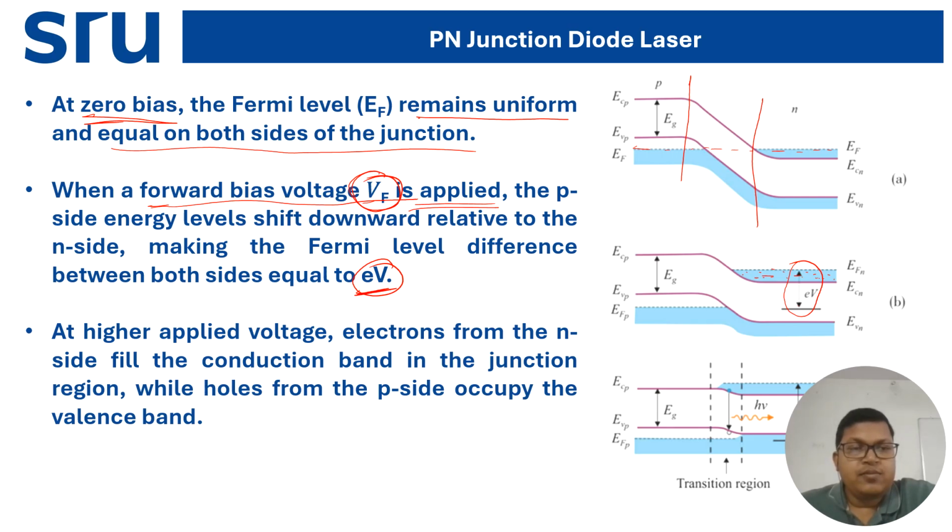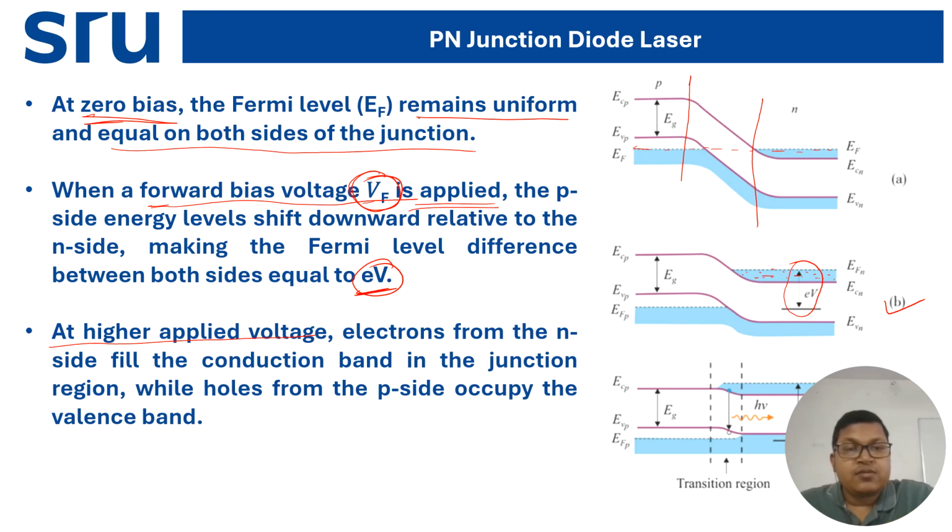Now what happens at higher applied voltage? What we understood from the second condition, figure B, is that if we apply forward bias, the band bending will be reduced, as the Fermi level in the N side goes up. If we keep on increasing the voltage, it will become almost straight, because the Fermi level will go up and up in the N side, and the band bending will almost be gone.